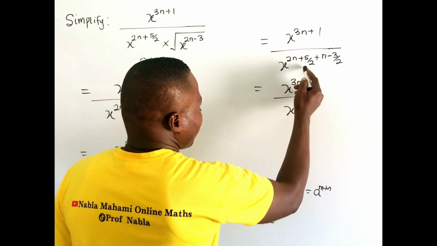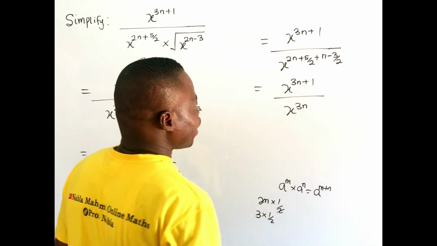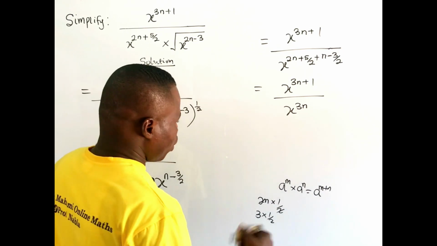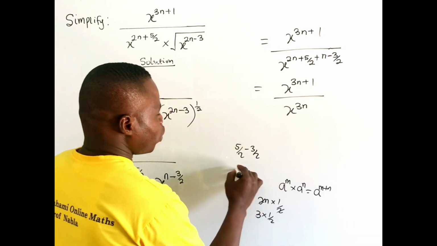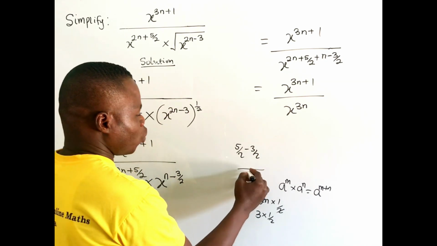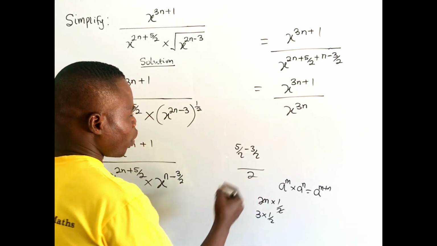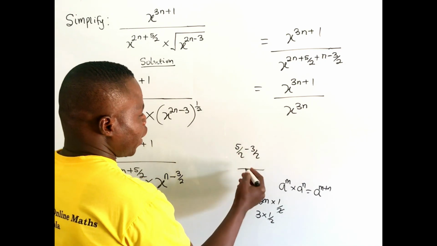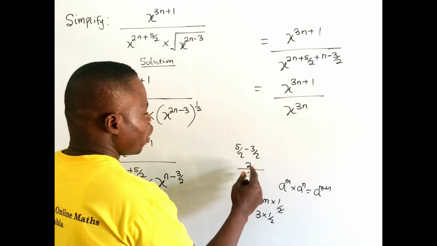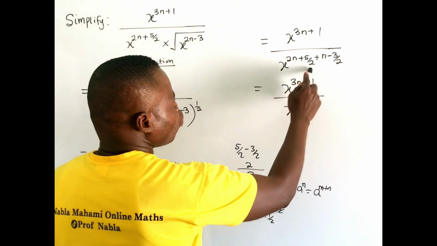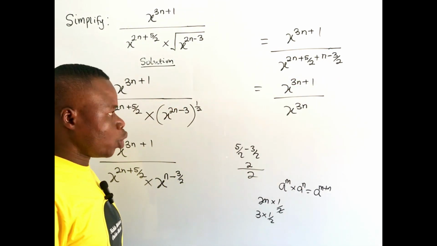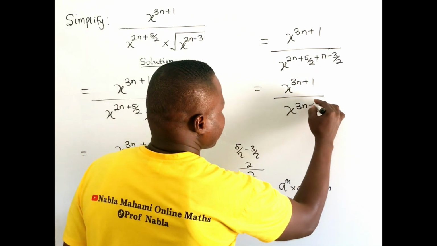Then we'll now add these fractions. 5 over 2 minus 3 over 2. You see that I have a common denominator here, which is 2. I'll write it down. Then 5 minus 3 will give me 2. Then 2 over 2 is 1. This simply means that 5 over 2 minus 3 over 2 is 1. So I'll have plus 1.